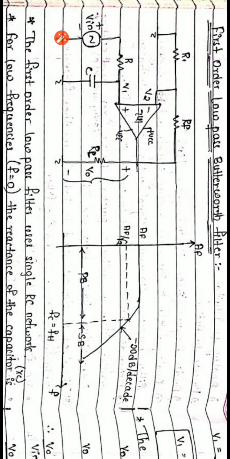If the frequency is low, the reactance is very high. If the frequency is high, the reactance is very low. So when the frequency is at 0, the reactance is very high. At that time the capacitor acts as an open circuit and allows all the frequency components of the input signal at the output side.